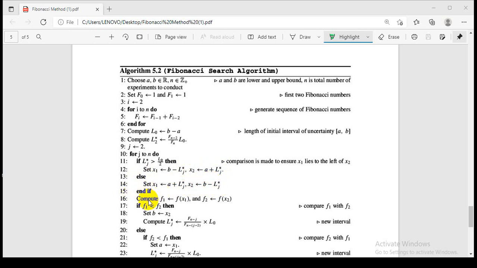Compute f1 equals f of x1 and f2 equals f of x2.